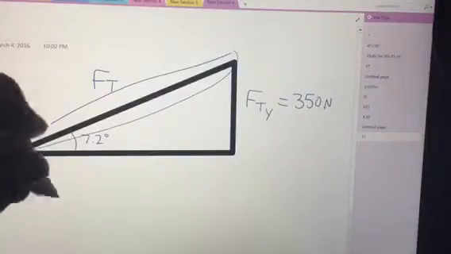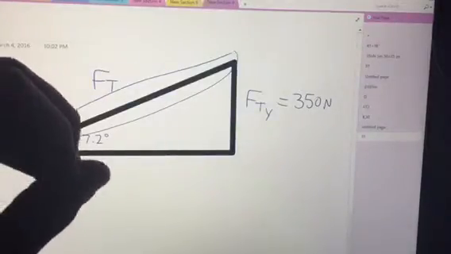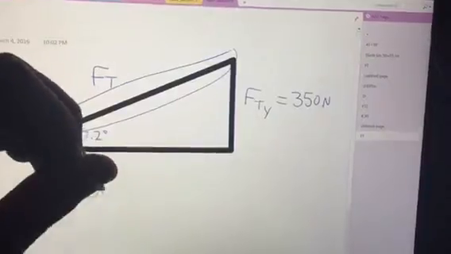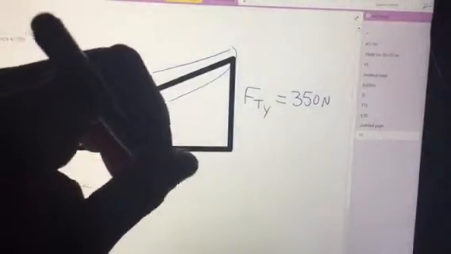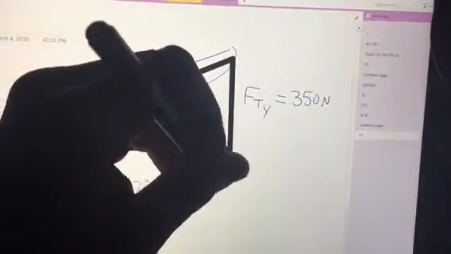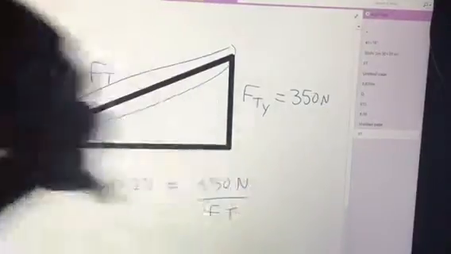Using that, we can come up with the equation: sine 7.2 degrees equals 350 newtons over the force of tension.